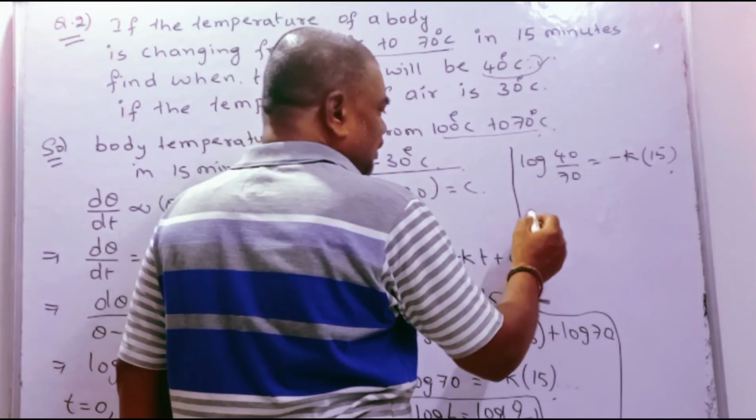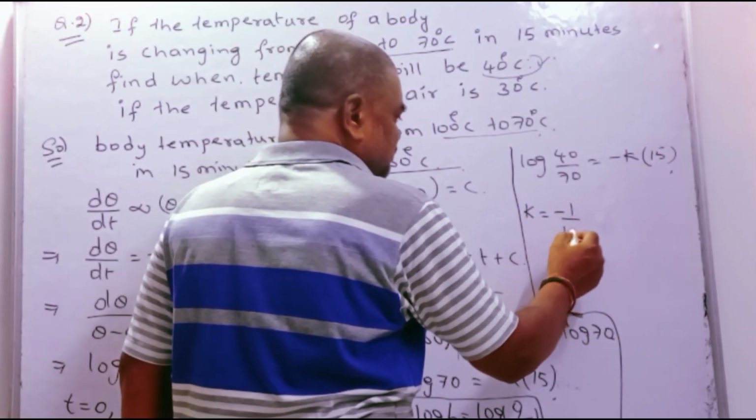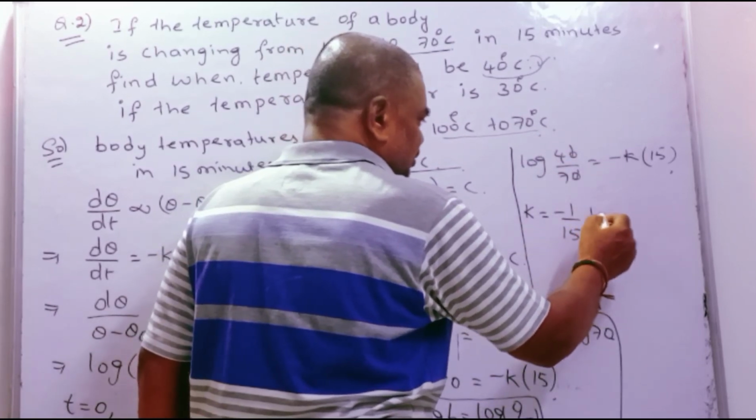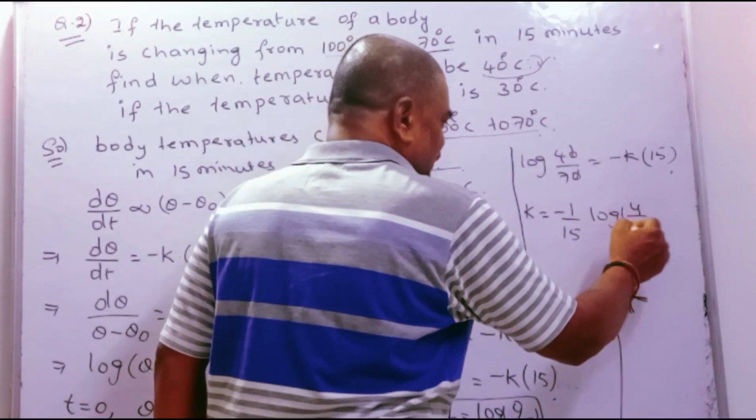So what is the k value? k equals minus 1 by 15 log 4 by 7, as the zeros cancel.